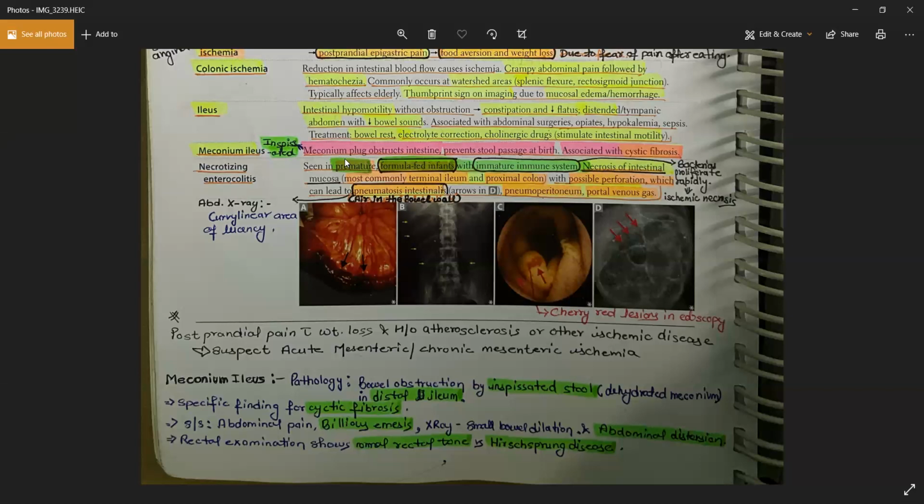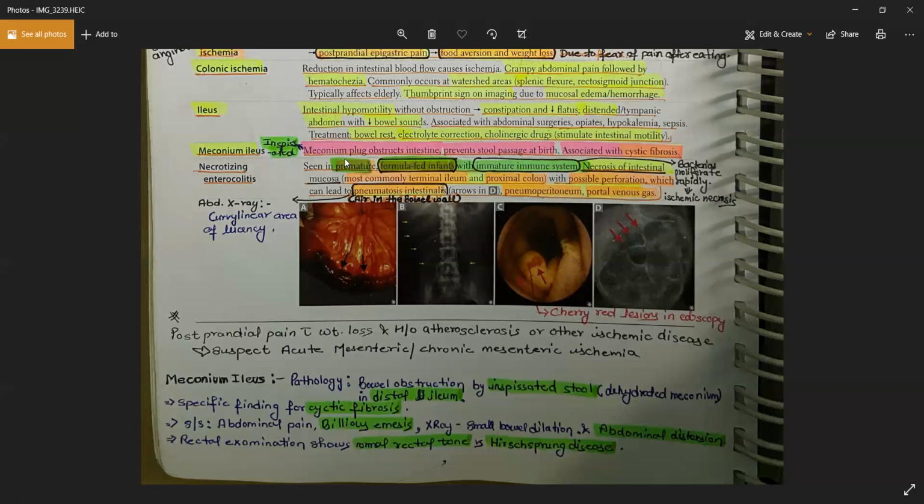Why? What happens is that they are born before the full gestation weeks, so they have a very immature immune system. As soon as these infants are born, their GI tract will be colonized by bacteria, but the immune system is not there to check the proliferation of these bacteria, and as a result hyperproliferation of the bacteria will occur.